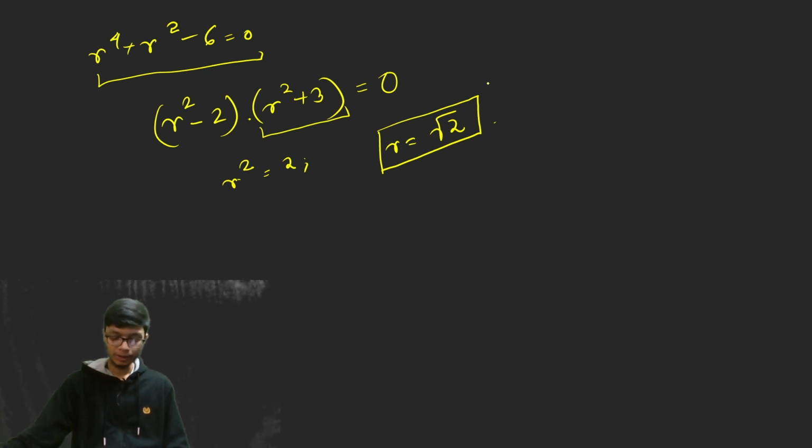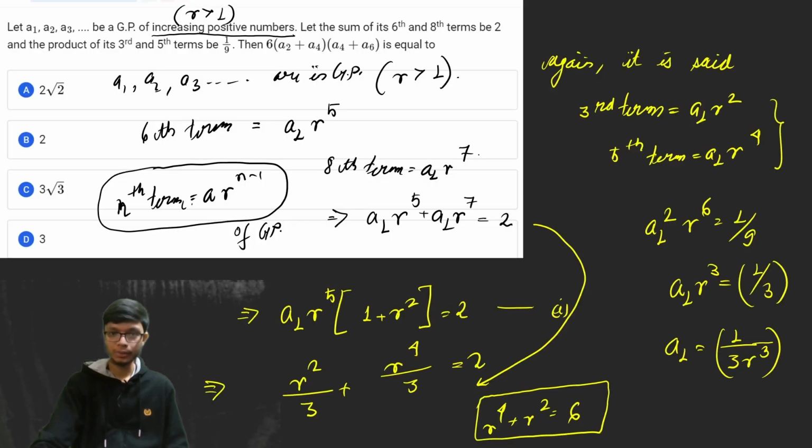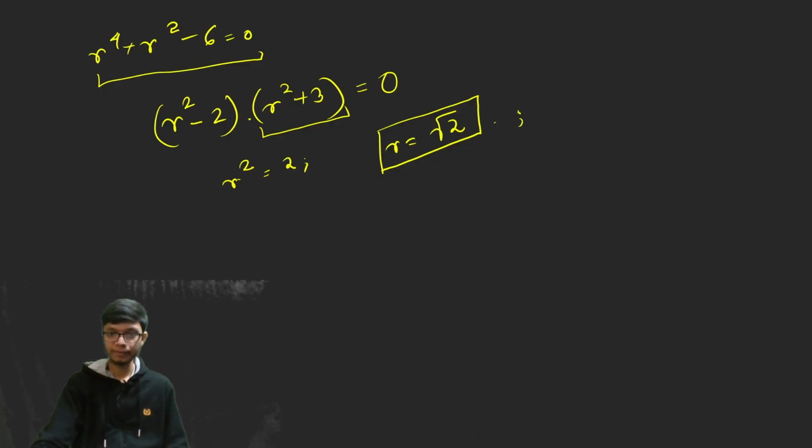Okay. Now if we put back this r value into the equation, this particular equation, the value of a. If you substitute the value of r, a1 into r is equal to 1 by 6.